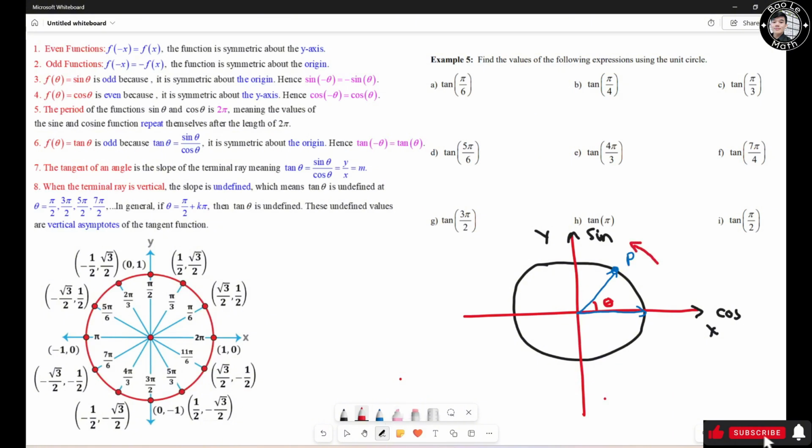Now, to find the tangent, I'm going to create the right triangle. From point P, I project down to the x-axis. So this is the y value, and the x value is going to be right here.